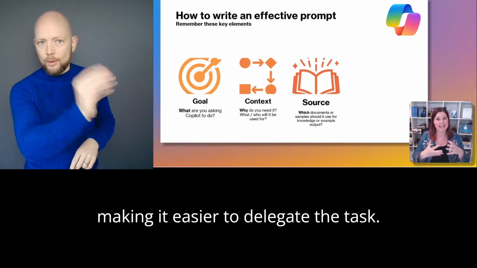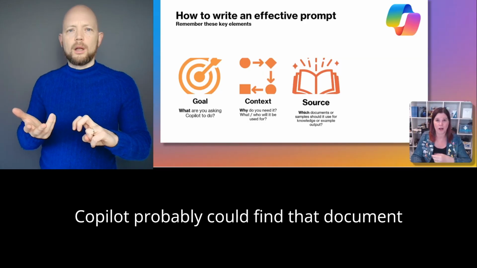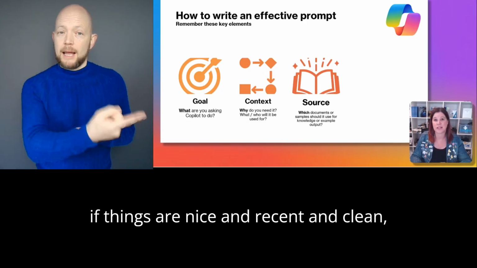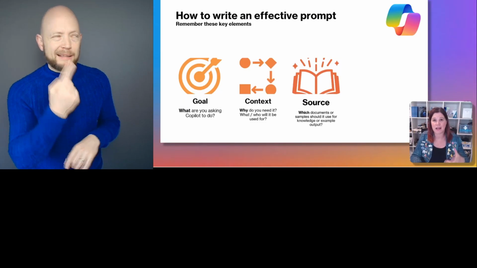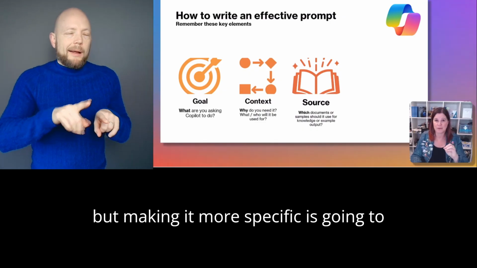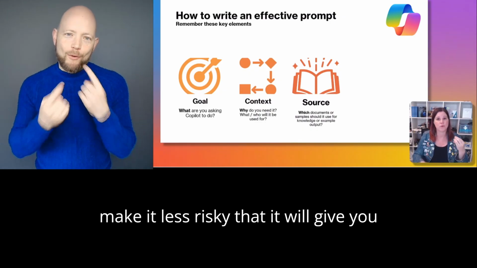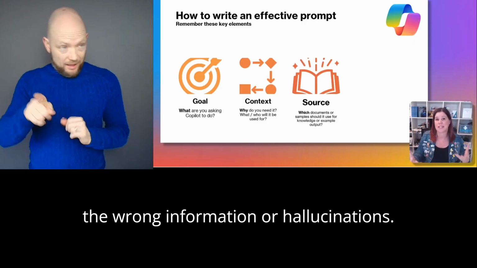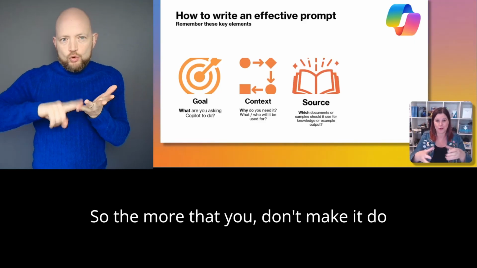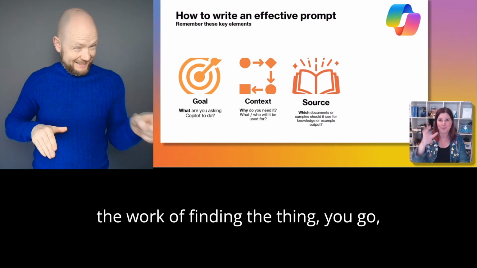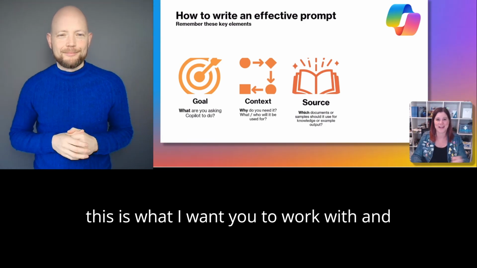So now you're making it easier to delegate the task. Copilot probably could find that document if things are nice and recent and clean, but making it more specific is going to make it less risky that it will give you the wrong information or hallucinations. So the more that you don't make it do the work of finding the thing, you go, this is what I want you to work with, and here it is.